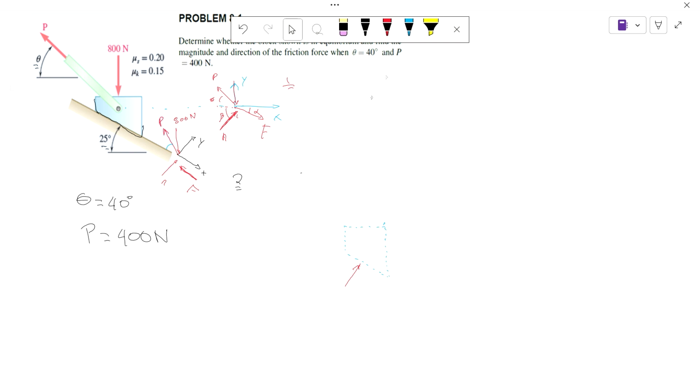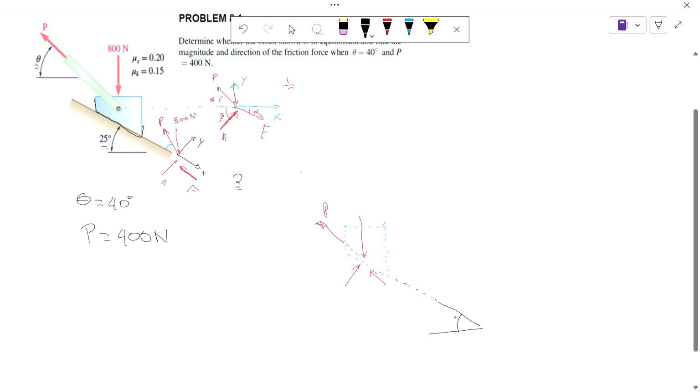And our 800 newtons are acting vertically. And we have a force of friction right there. And then we have a force P going like that. So if you notice, we should have information about the angles as well.